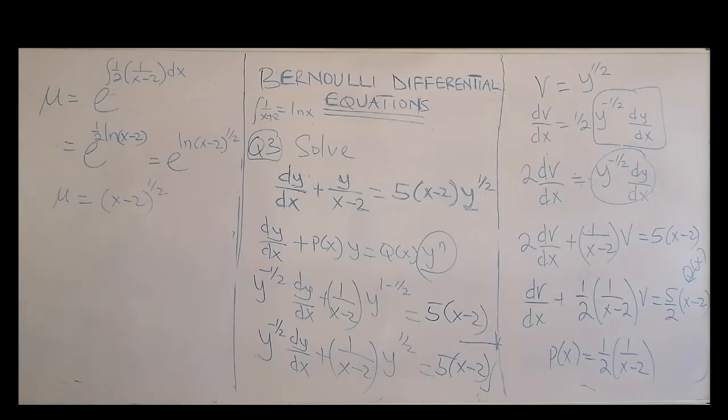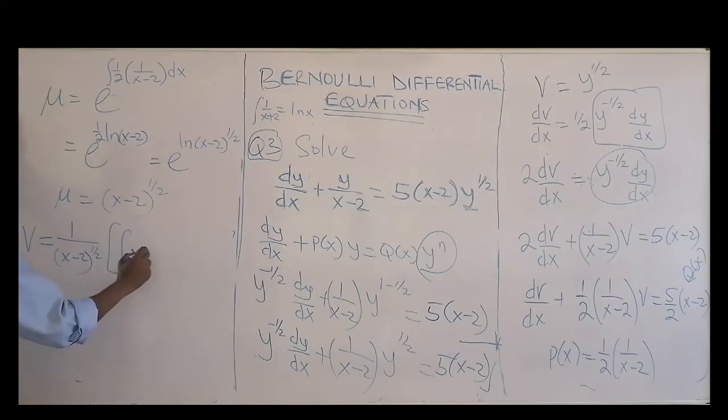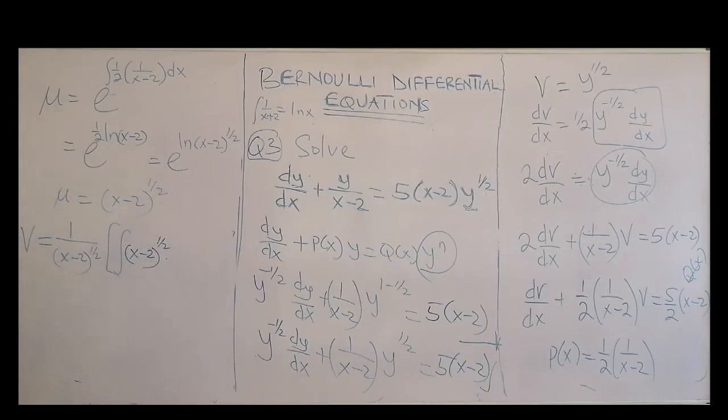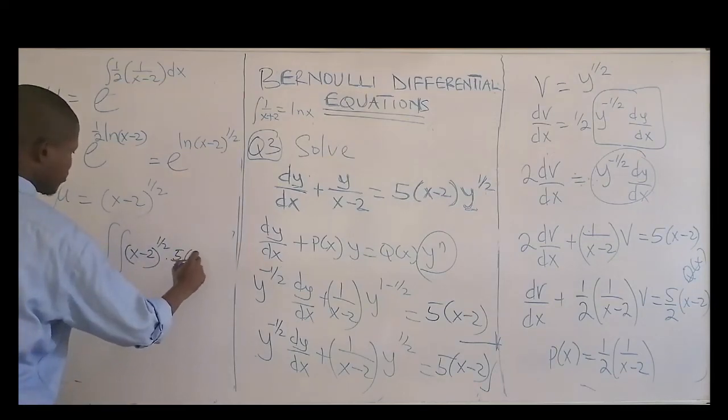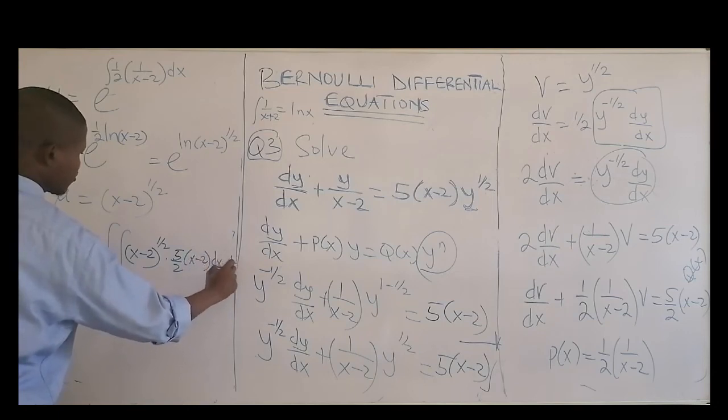That's your integral factor. Then we can get the general solution, which is linear. The equation is linear in v. That will be v equal to 1 over the integral factor, x minus 2 to the power half. Open your brackets. Integral of what? Integral of the integral factor times q of x. My q of x is what? 5 over 2 x minus 2 dx plus c.